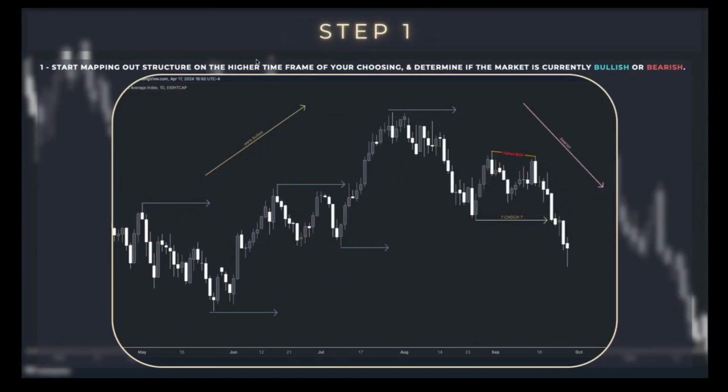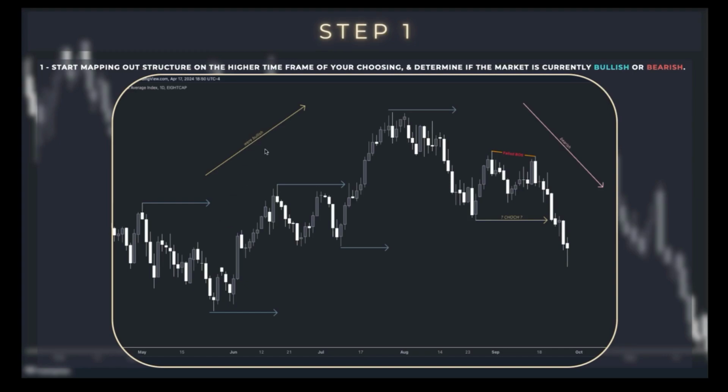So for step one, start mapping out structure on the higher time frame of your choosing and determine if the market is currently bullish or bearish. I recommend to be as detailed as possible, especially when you're starting off, just to make sure you're getting the ropes of this.